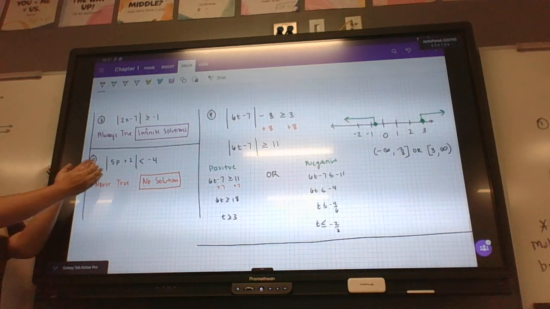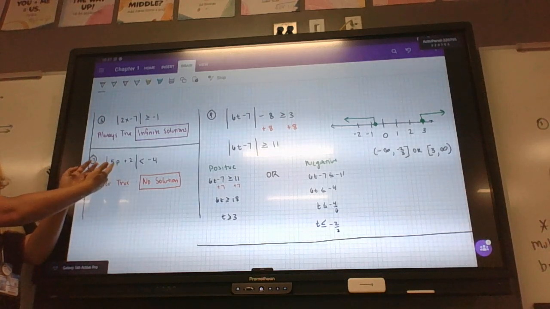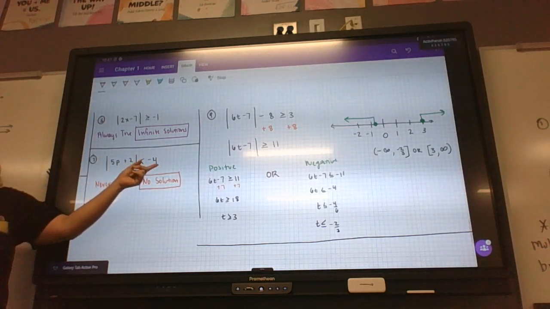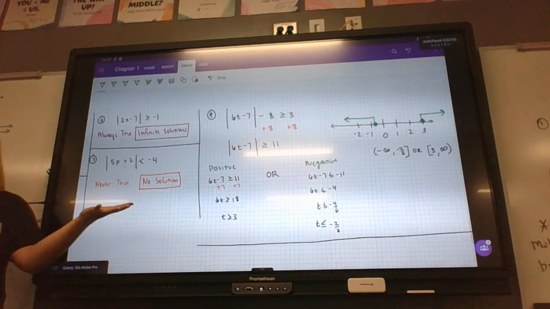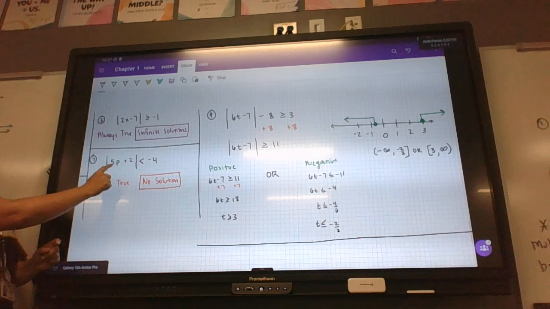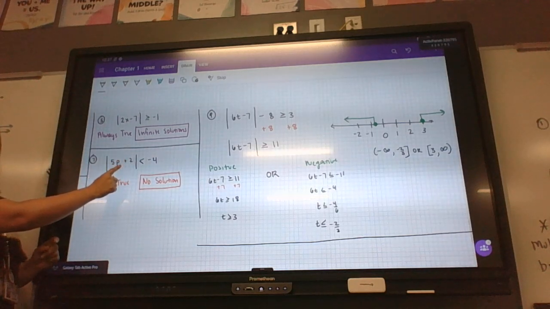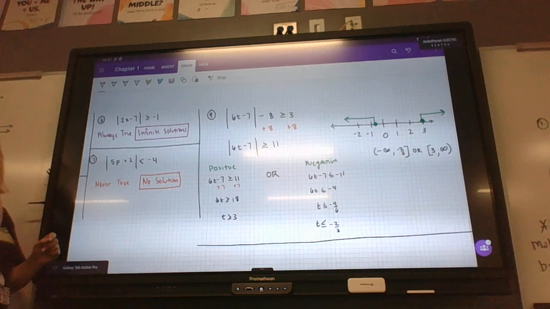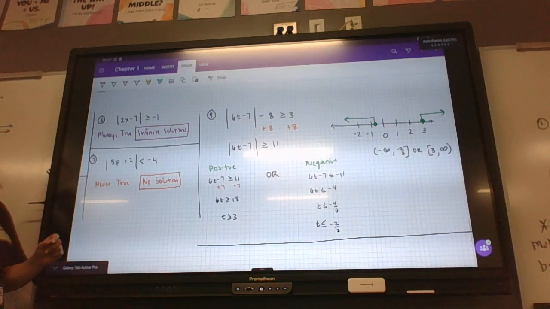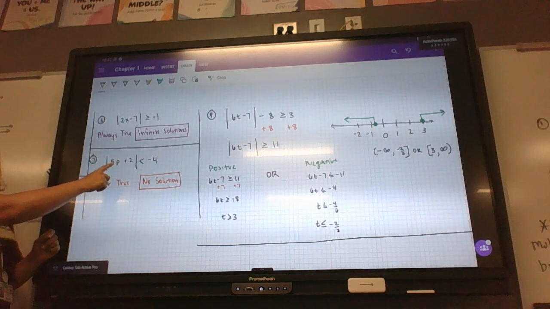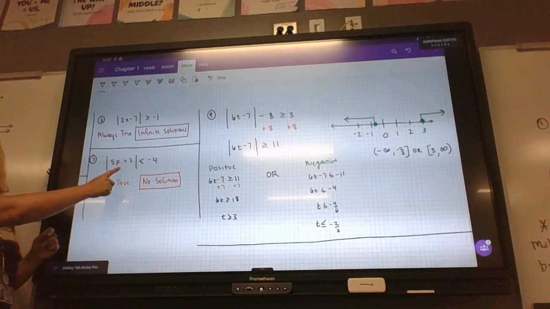Because look, let's put a number in here, for instance, 1. 5 plus 2 is 7. Is 7 less than negative 4? No. Let's try a negative 1. Negative 5 plus 2 is negative 3. You want to try negative 2? That would be negative 10 plus 2 is negative 8.